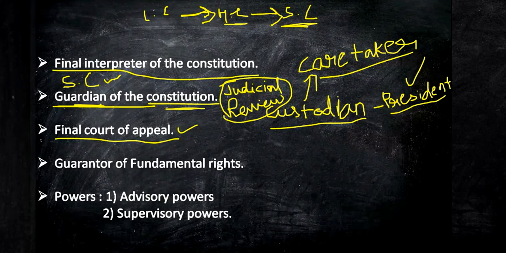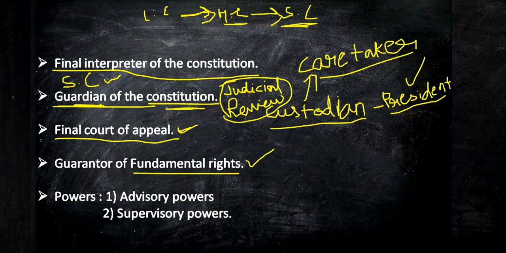Is it clear? Now let's talk about the fourth function of the Supreme Court. It is the function of the Supreme Court to guarantee the fundamental rights to the citizens. Now how is the Supreme Court guaranteeing the fundamental rights to the citizens? Basically the constitution guarantees the fundamental rights to the citizens, but there may be cases when the state is more powerful, that means the government is more powerful and it is imposing some laws on the people which violate the fundamental rights.